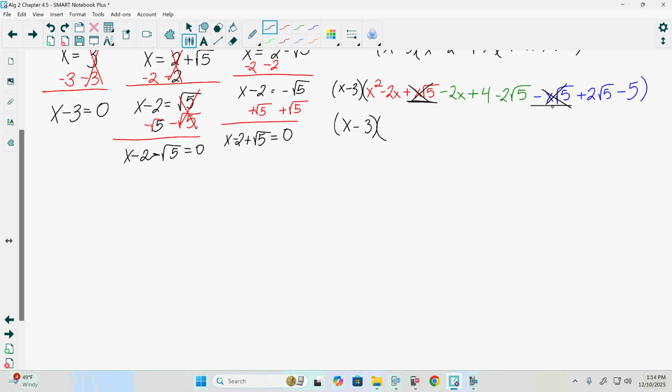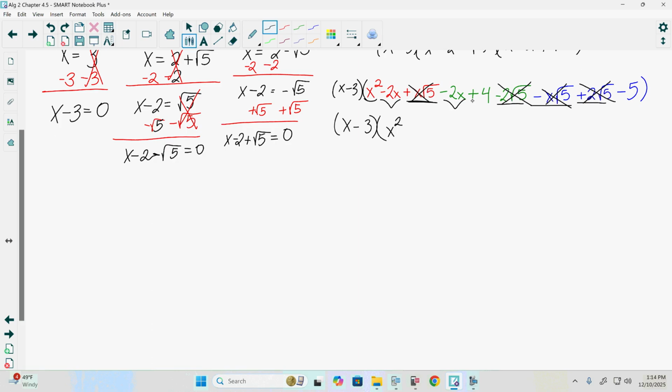So really we have 1 minus 1, which is 0. Negative 2 square roots of 5 and positive 2 square roots of 5, those also become 0. Do we have any radical terms left? No, that's the main reason we do it first, so that we don't have any radicals left.